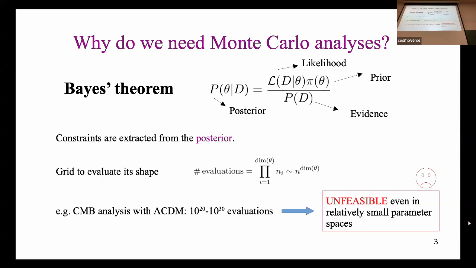This is the basic problem with the grid method. And this is the case, for instance, if we perform a CMB analysis with the ΛCDM model. So it's completely unfeasible to learn the shape of the posterior using the grid method.